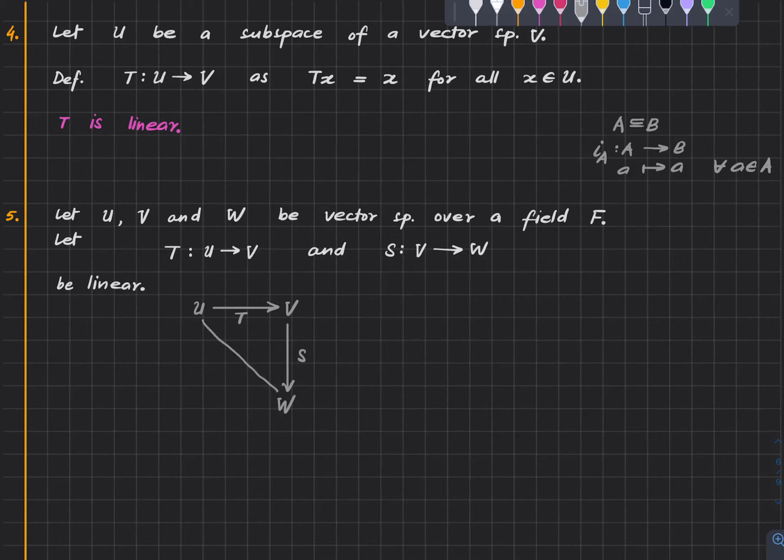So this map is called the composition of S and T and denoted that way. Right? You start with U, you hit it with T, and then hit that with S. That composite operation is denoted this way. And the thing is that this guy is also linear. So let me just check the addition one. How do you check that?